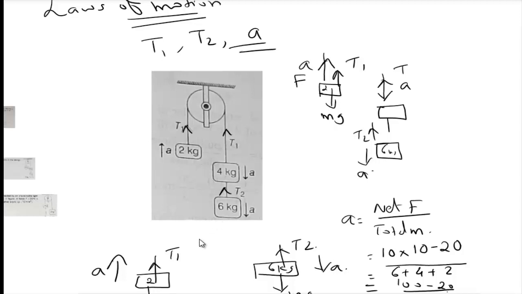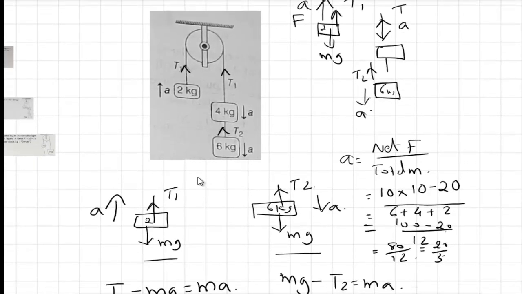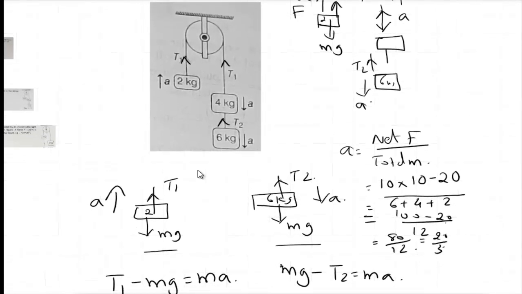Okay, clear. So for that, we separately find the free body diagram for the 2 kilogram mass and the tension acting on the 6 kilogram mass. So we will be finding the free body diagram for 6 kilogram and 2 kilogram. And before that itself we found the value of acceleration. How did we get the acceleration value? Acceleration is net force divided by total mass.